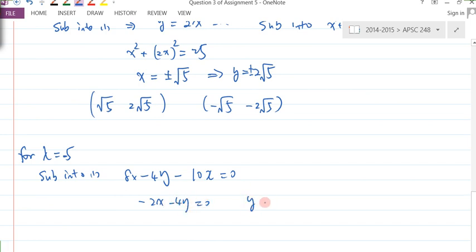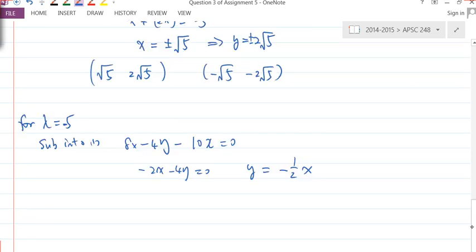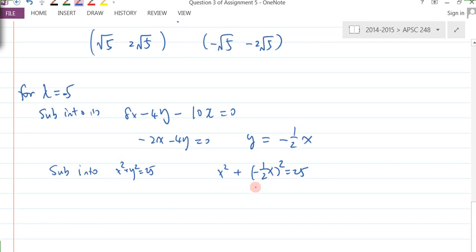So y equal to negative 1 half x. Then sub into the constraint: x squared plus 1 half x squared equal to 25. So now you can solve the same way.